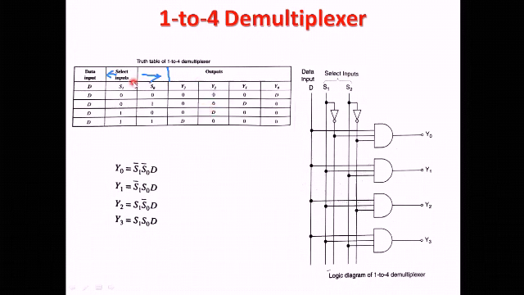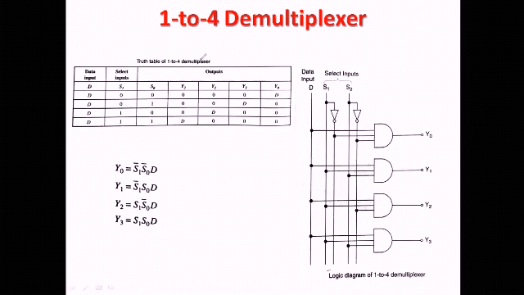From the truth table, it is clear that the data input is connected to output Y0 when S1 and S0 are equal to 0 0. Just see, when the select lines are 0 0, D is connected to Y0.